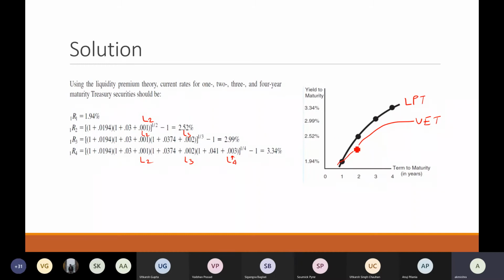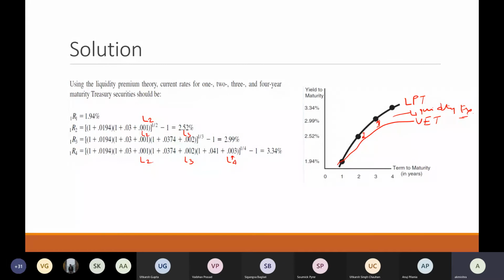You can see the gap between these two comes because of the liquidity expected or demanded by the investor. And that's how your curve slope will change, based on how much liquidity investors demand, based on their perception or their risk level.